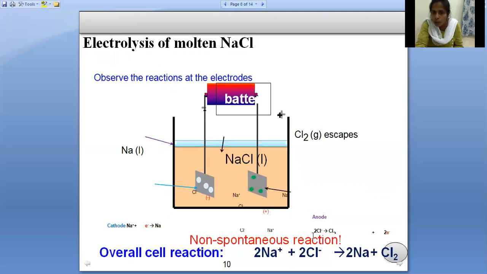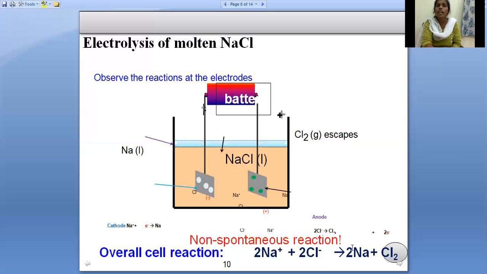And 2 Cl- gives Cl2 plus 2 electrons. Now add these two reactions. The 2 electrons get cancelled. The reactants are 2 Na+ and 2 Cl-. The products are 2 Na plus Cl2.